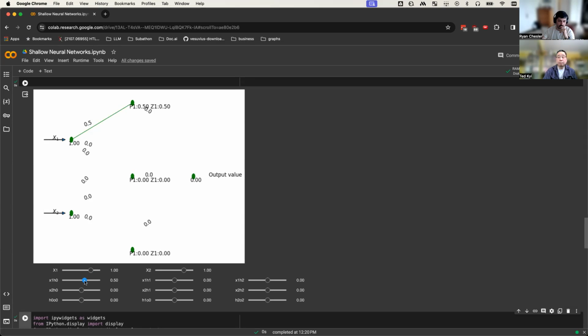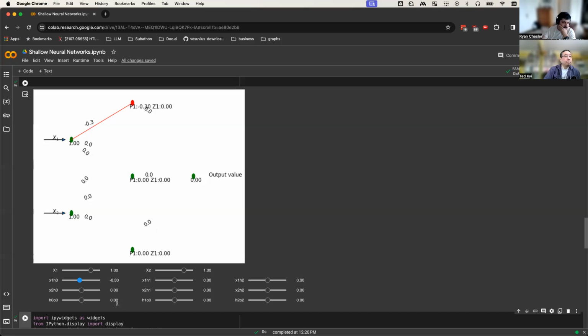But if we did something different, like if we made this negative, now we're doing 1 times negative 0.3, and it's going in as negative 0.3, but it's coming out as 0 because the ReLU thresholds it at 0. So now no information is passing through to this next connection.